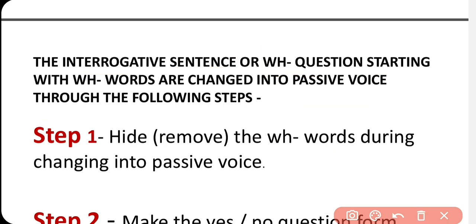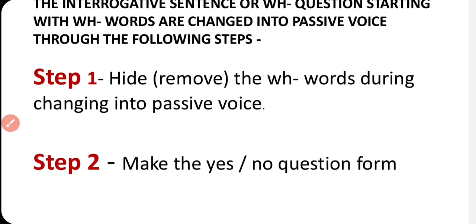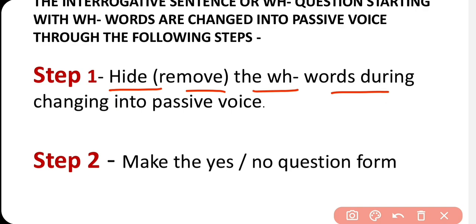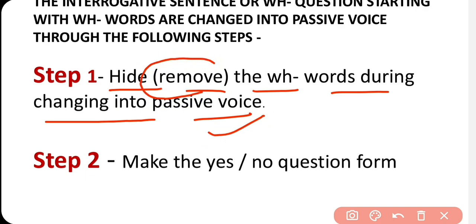So, here in step number 1, what is said? Hide or remove the WH words during changing into passive voice. So, বলা হয়েছে যে প্রথমে যে WH কোয়েশ্চনটি আছে সেটিকে সরিয়ে রাখা দরকার.